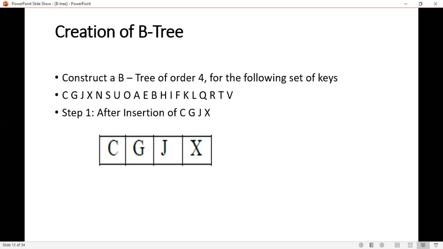Now you can split C G J X and N, where N comes after J, as CGJ as one node and NX as one more node.